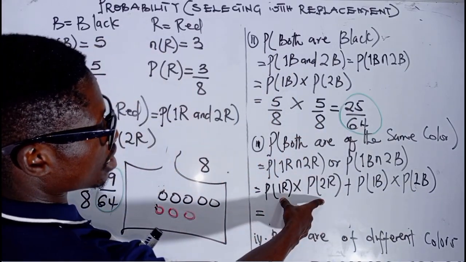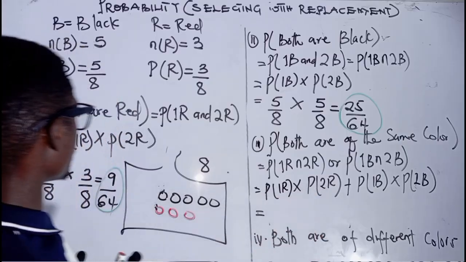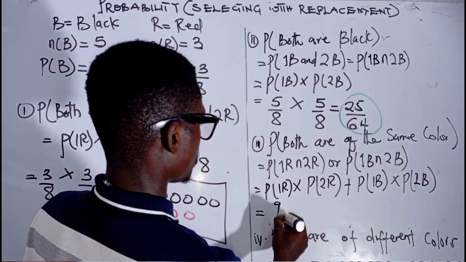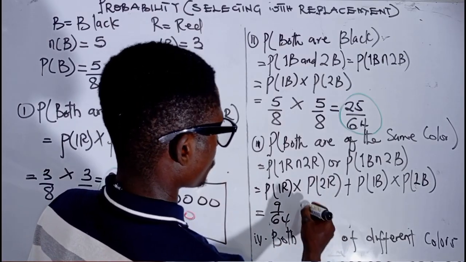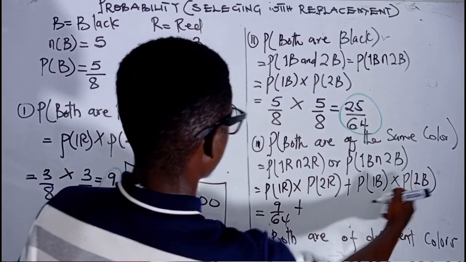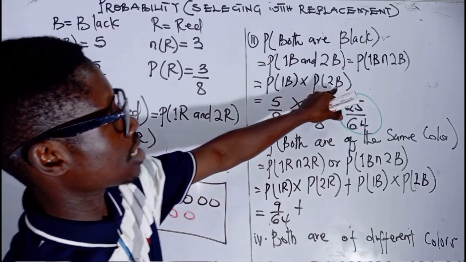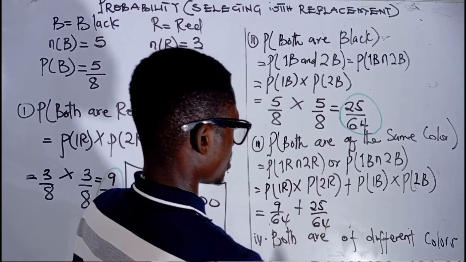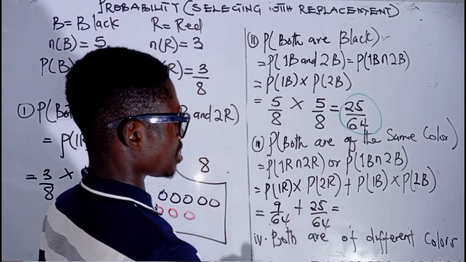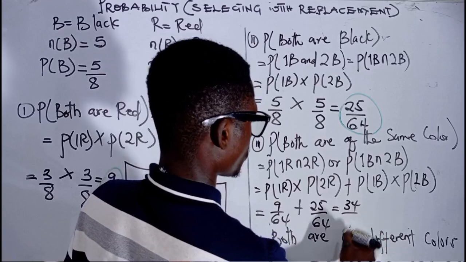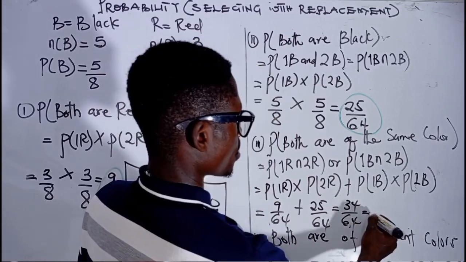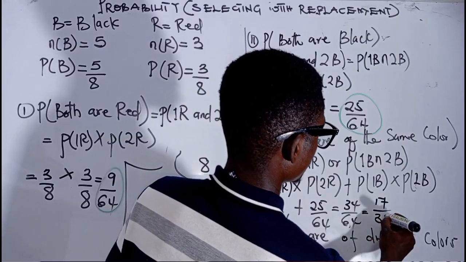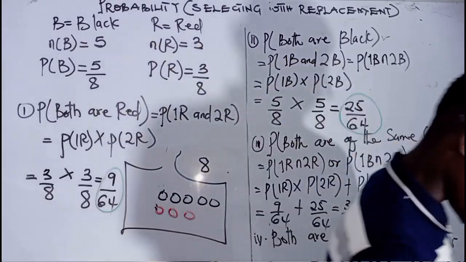So we have first one red and then the second one red. We had 9 all over 64. Then we have plus first one black, second one black. We had 25 all over 64. So when you do your addition, you are going to get 34 all over 64. When you break it down, you are going to get 17 all over 32. Very, very easy.